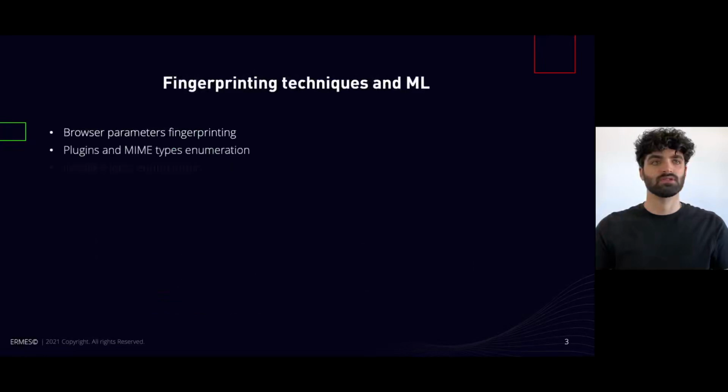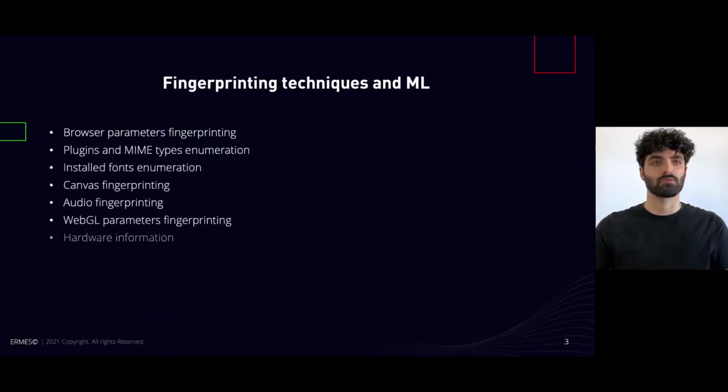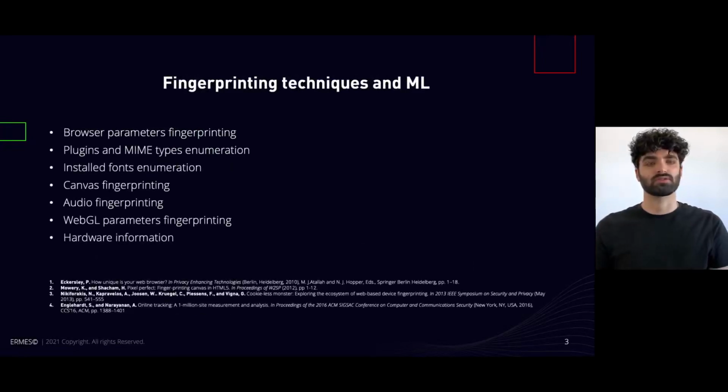So we considered different fingerprinting techniques in our work. We have browser parameters fingerprinting, plugins and MIME types enumeration, installed fonts enumeration, canvas, audio and WebGL parameters fingerprinting, and hardware information collection.